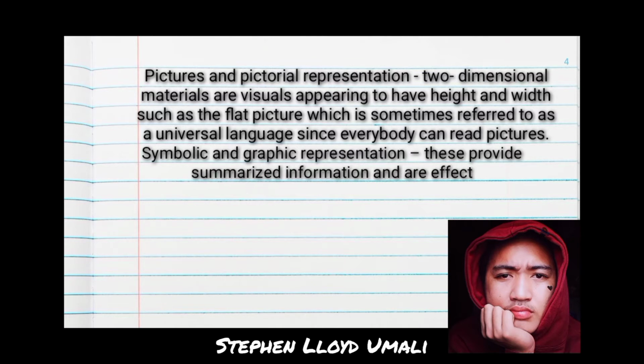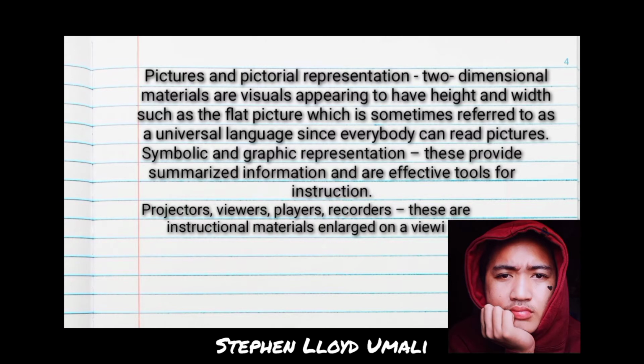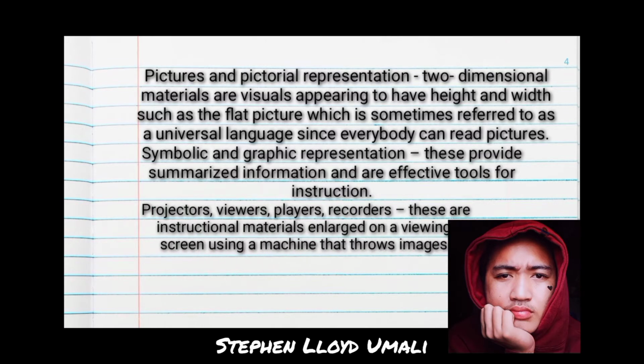These provide summarized information and are effective tools for instruction. Projectors, viewers, players, recorders. These are instructional materials enlarged on a viewing screen using a machine that throws an image.